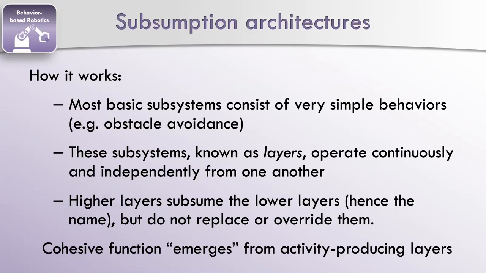In a lot of the biorobotics approaches, we use something called the subsumption architecture. Basically, it's just a lot of subsystems. And these subsystems, we can call them layers if you want, are going to operate all the time and independently of each other. Imagine just linking a bunch of reflexes together and seeing what happens.